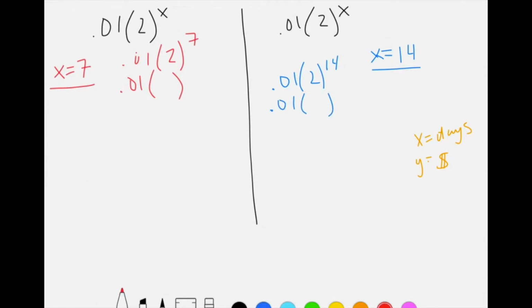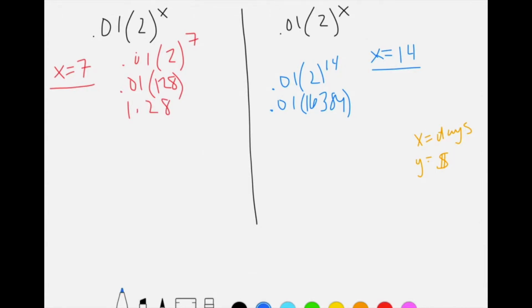So what we get here, using my calculator, is 128 for 2 to the power of 7. And then on the other side, actually I had to change that to make it a bigger space, I have 16,384 if I do that in the calculator. Now I want to take those two numbers and multiply them by 0.01. On the left side for 7 days, I get 1.28.